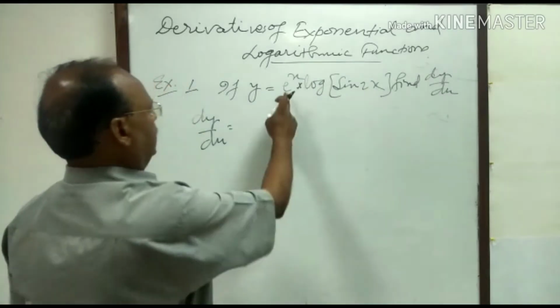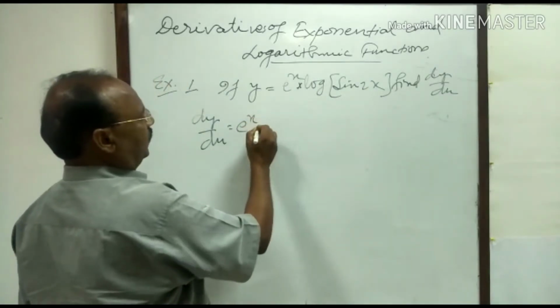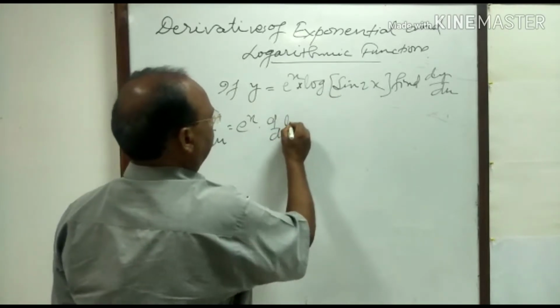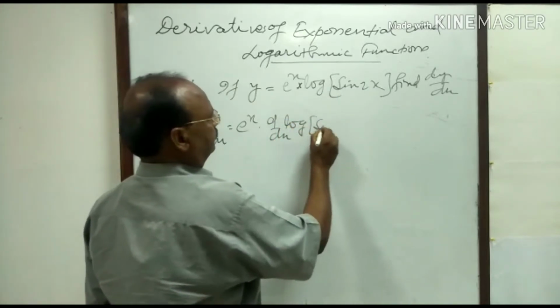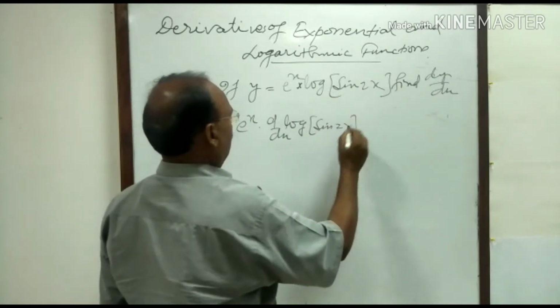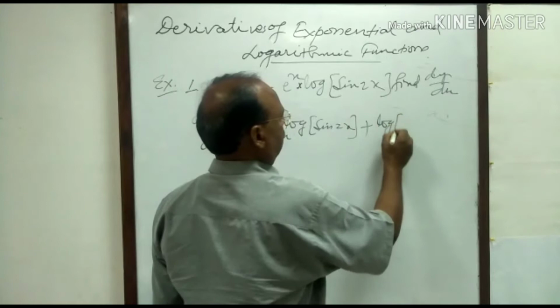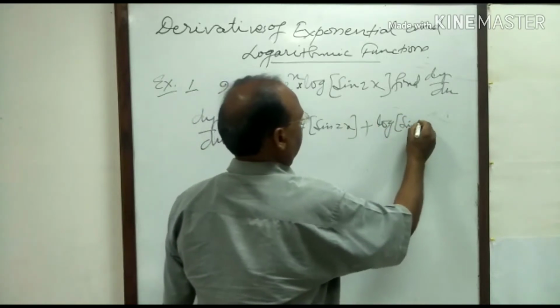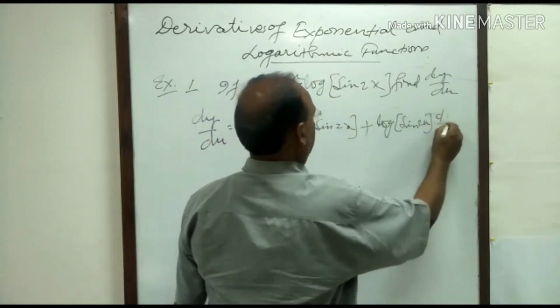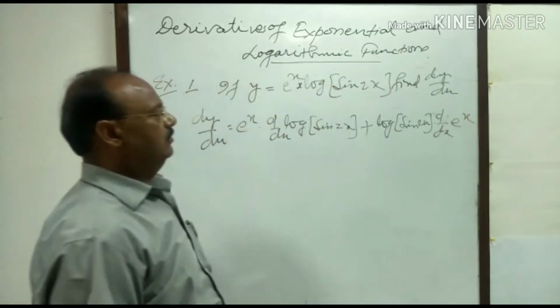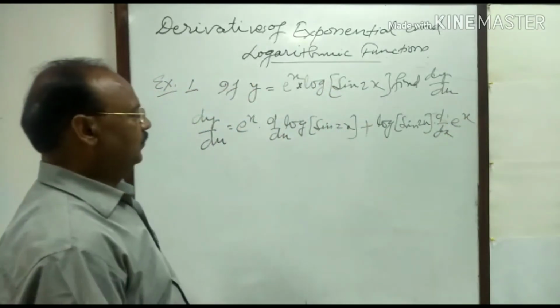This will be first function into the derivative of the second function, plus second function into the derivative of the first function, the derivative of e to the power x.